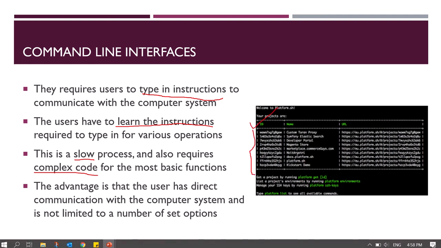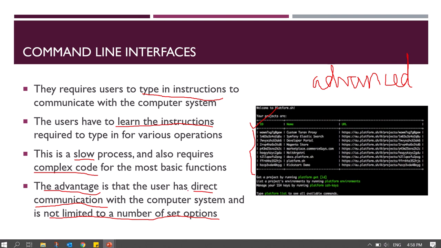If command line interface has all these issues, then why do we even have it? The advantage is that the user is able to have a direct communication with the computer system and he is not limited to a number of specified set options. So if you are an advanced user and you want to interact with the computer in a way that you do not want to be held down by specified options, then you would be going for a CLI or a command line interface.